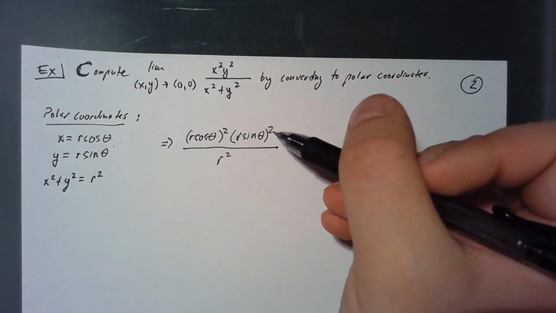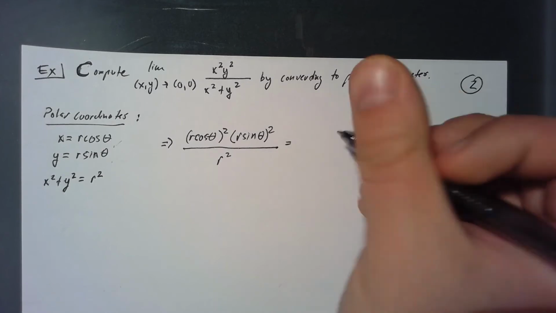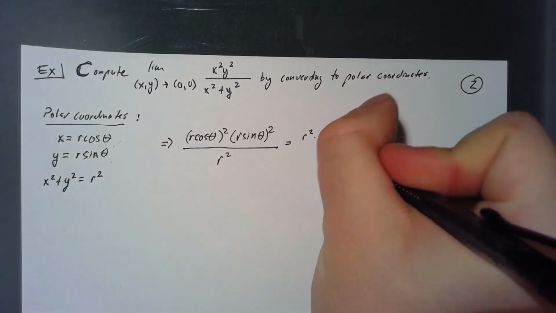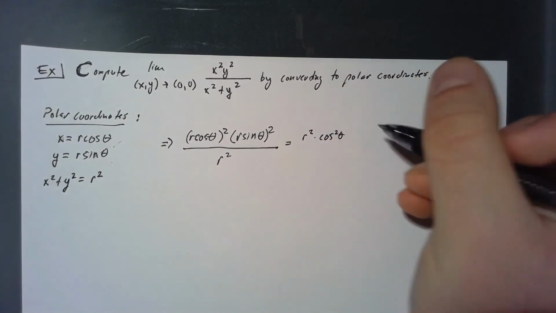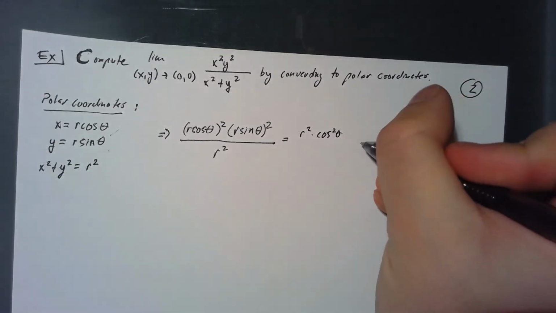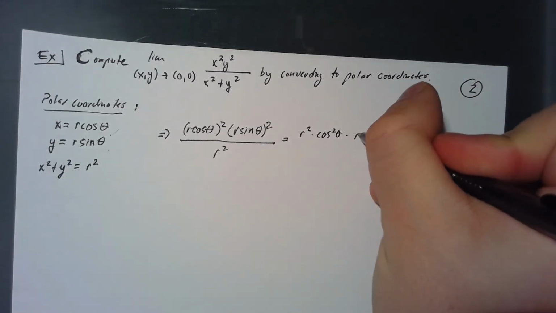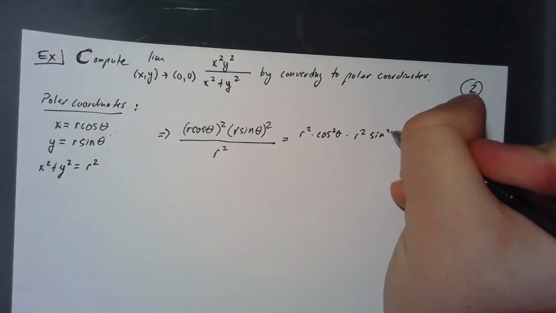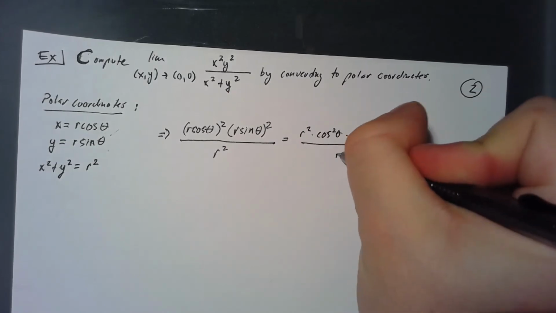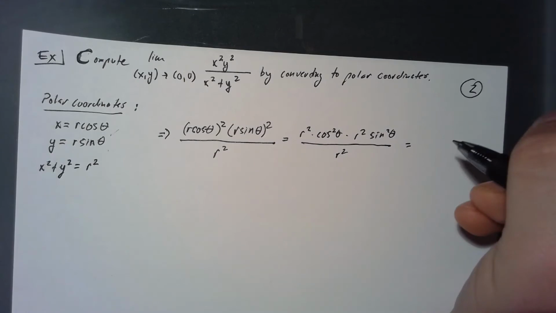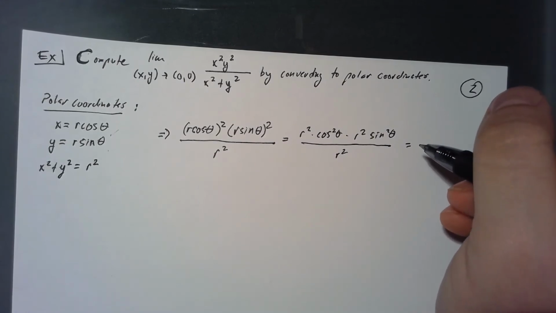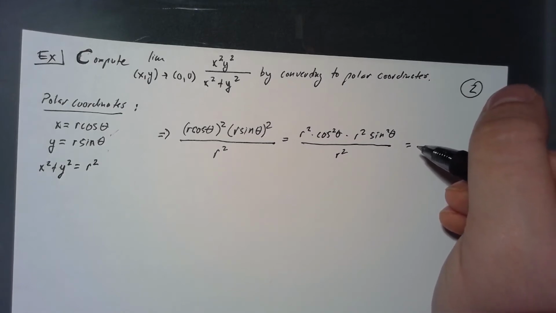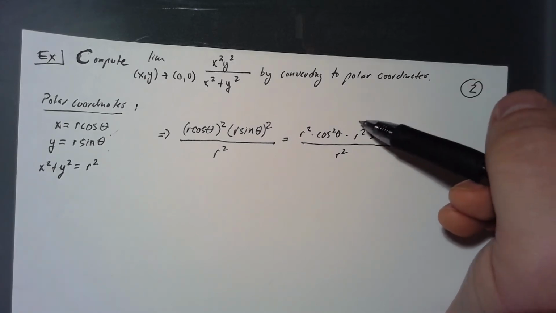Now when you go through the top, this is going to be r squared times cosine squared theta and r squared times sine squared theta, all over r squared. If I look here, how many r squareds do I have?